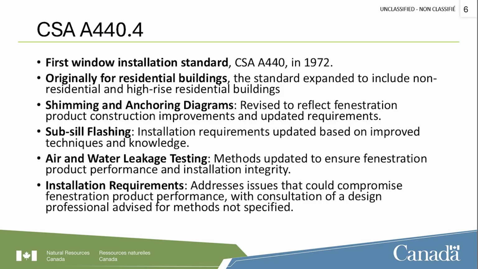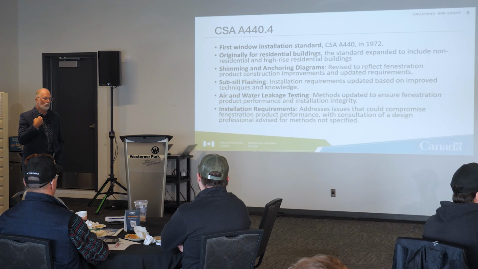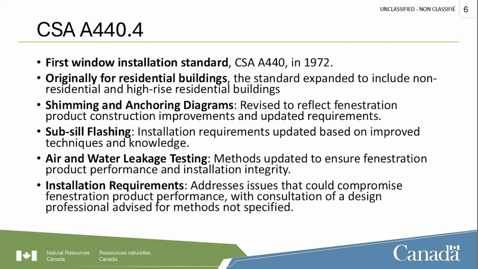Subsill flashing is a very important one, so we're going to talk about that. Air and water leakage testing. So how do you know that the window is going to perform properly once it's installed in the wall? What are the mock-ups and the testing that you can do to verify that? And then the installation requirements to meet the code and the standard.